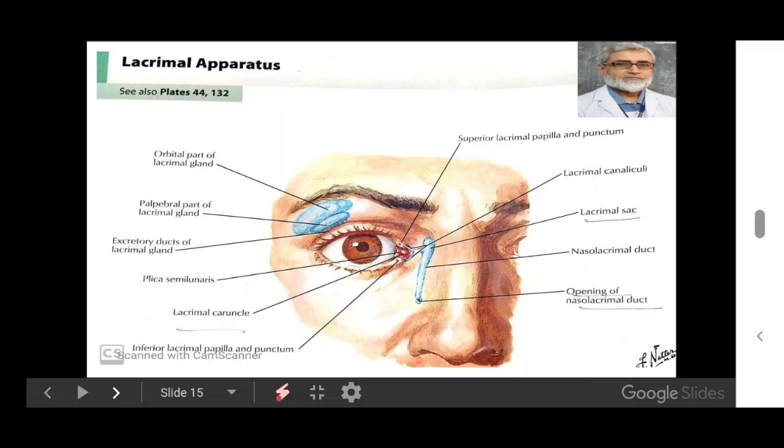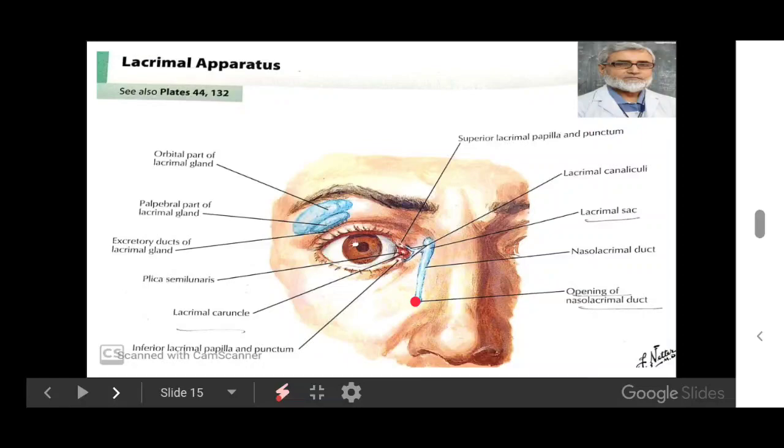This is the situation of your lacrimal sac. Its upper end is blind. See here, this is your upper end, this is your lower end, this is your lacrimal duct. Upper end is blind, closed, and lower end is open.